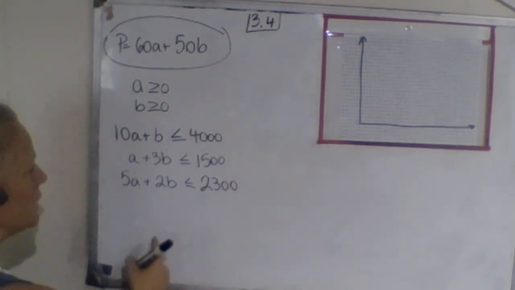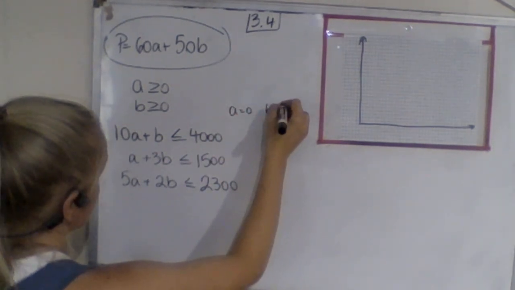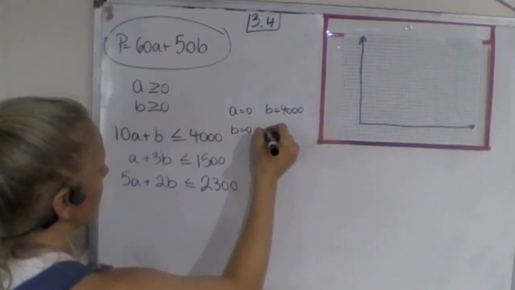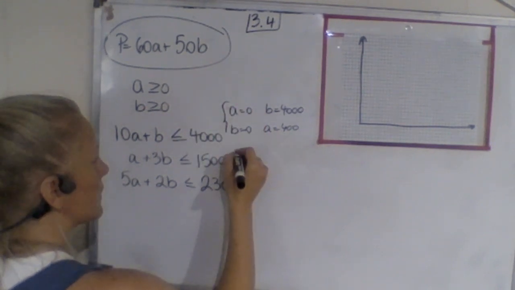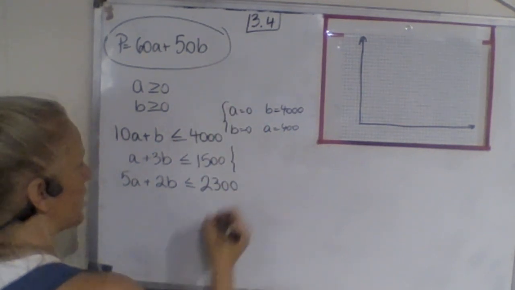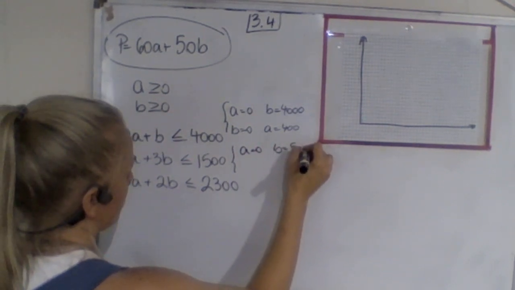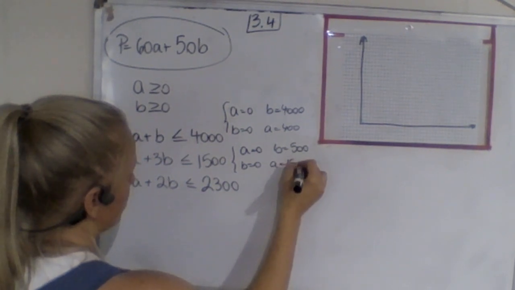So let's do this one. If A is 0, B is 4,000, which is really hard to graph. If B is 0, A is 400. Okay, so this goes in here. Let's solve the second one. When A is 0, B is 500. When B is 0, A is 1,500.